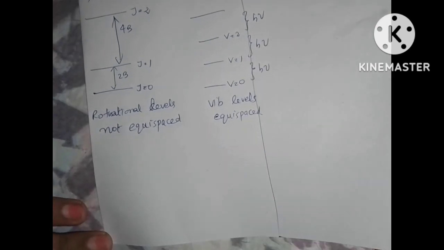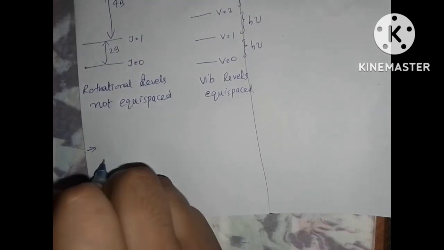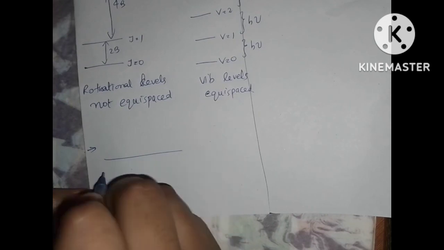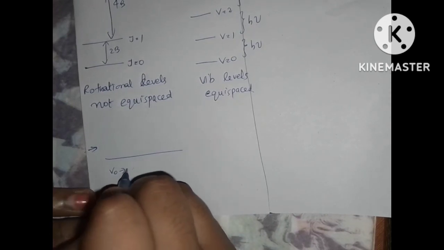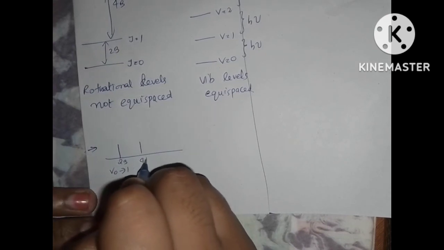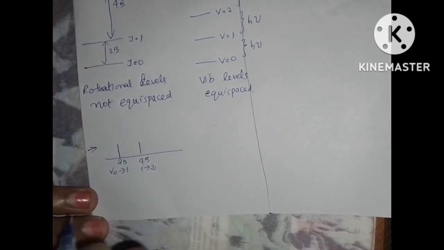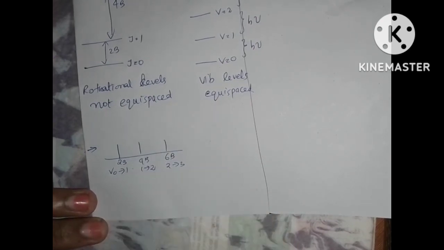And for the case of spectrum, a rotationally active molecule will show a spectrum for J equal to 0 to 1 at a value of 2B, 1 to 2 at a value of 4B, and 2 to 3 at a value of 6B, where B is the rotational constant.